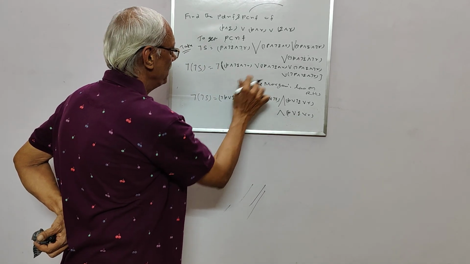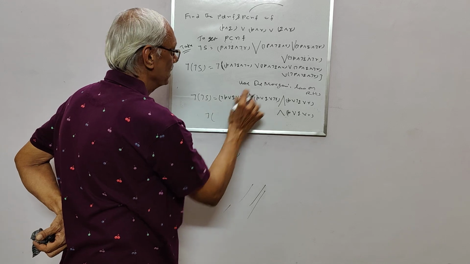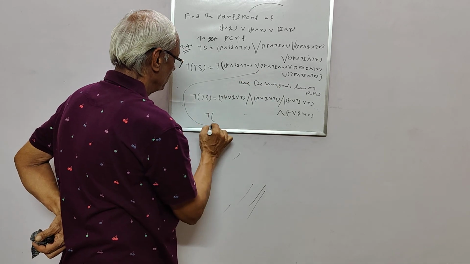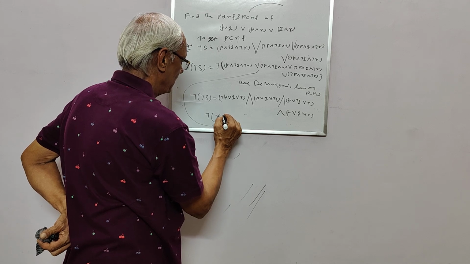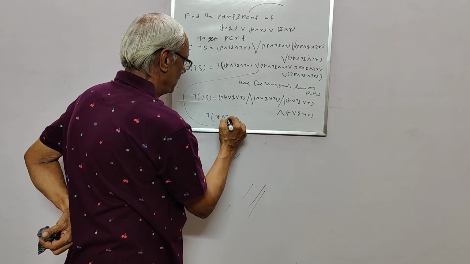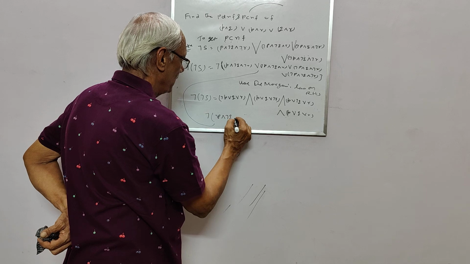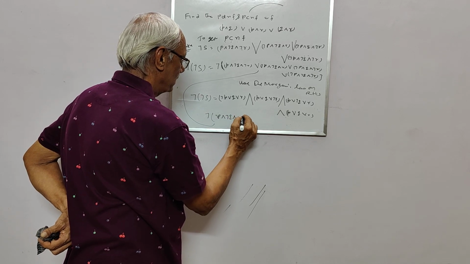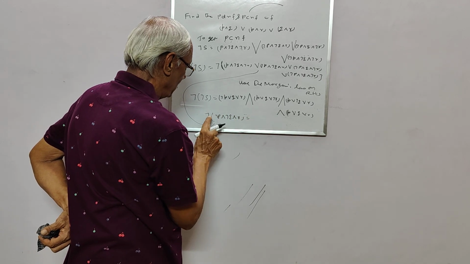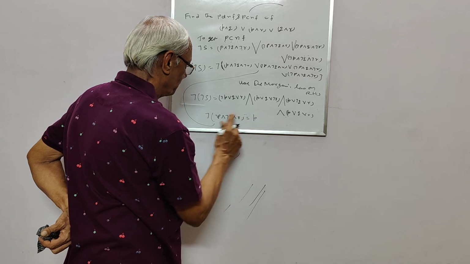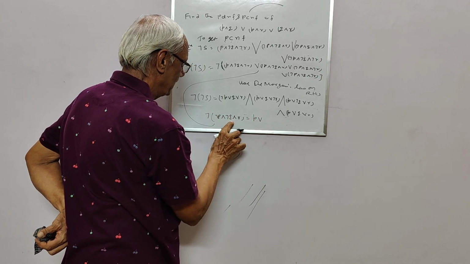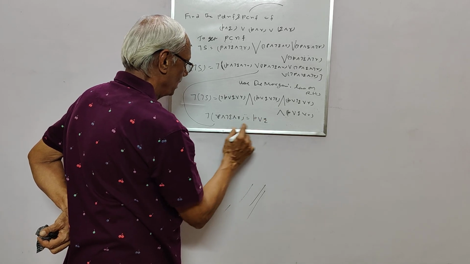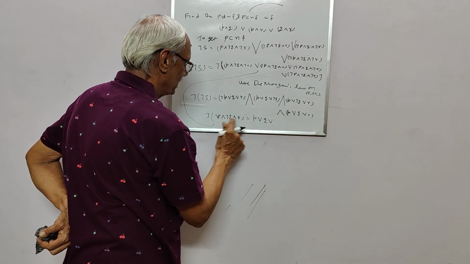I have taken, for example, the negation of P disjunction, negation, the conjunction, negation Q, conjunction R. Take this inside: negation of P is P. Then this conjunction will become disjunction. Negation of Q will be Q. Then again disjunction.